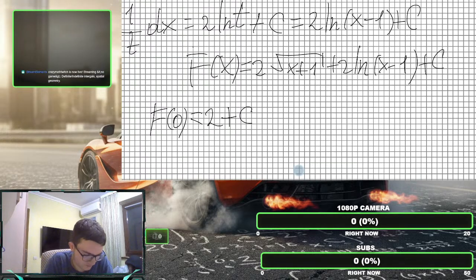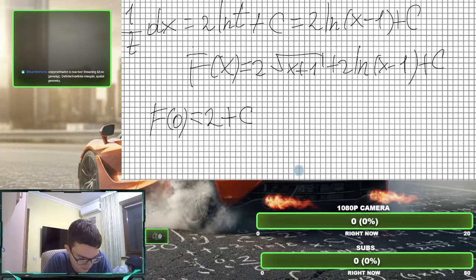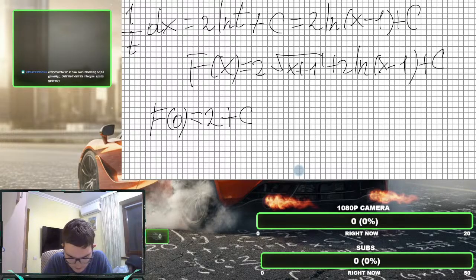So I think that's it. Actually, no. There's a first step. Oh, so for the final step, you just write everything, and instead of C, just put a 2. And yeah, that's it. Now for the next exercise, I think. Hold up.